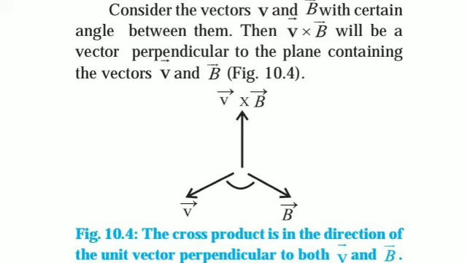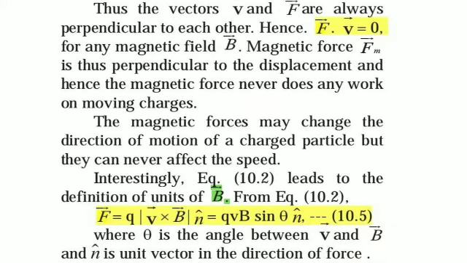Then V cross B will be a vector perpendicular to the plane containing the vector B and vector V. As you can see in this diagram, this is the cross product in the direction of the unit vector perpendicular to both vector V and vector B. Thus, the vectors V and F are always perpendicular to each other. Hence, F dot V is equal to 0 for any magnetic field vector B.